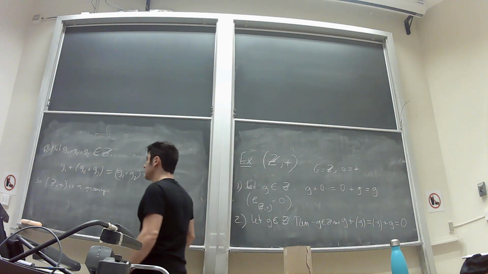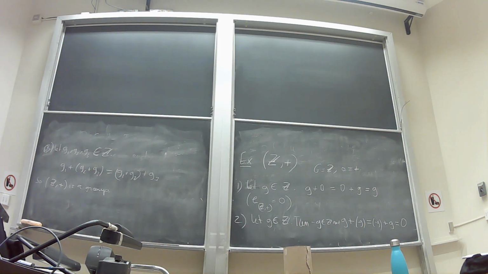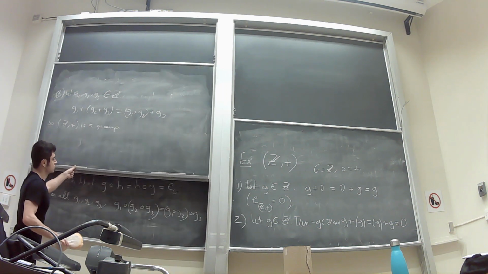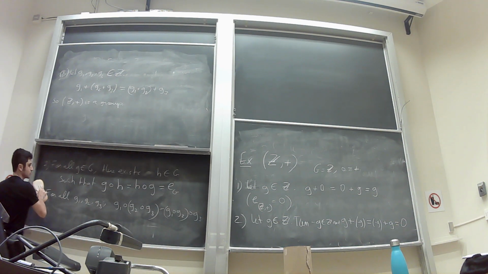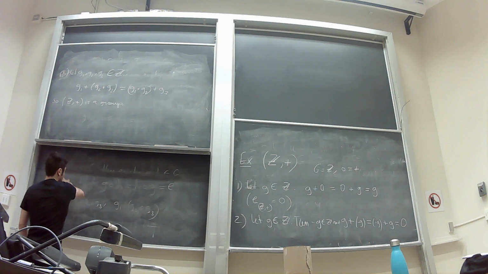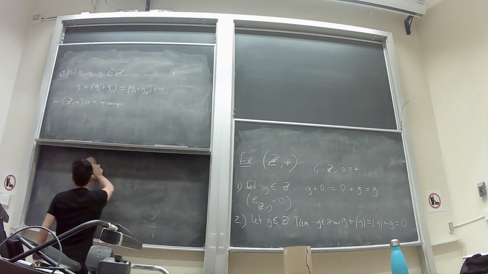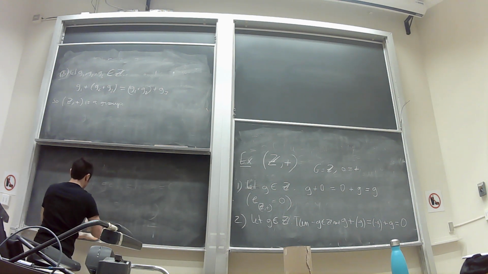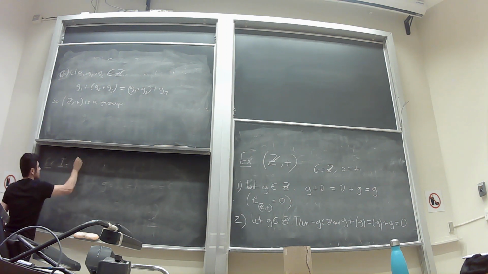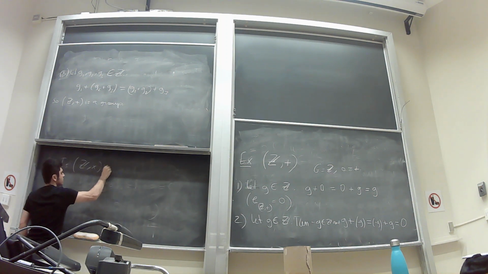What is another binary operation that I can do on Z? Multiplication. Let's check. Is Z with multiplication a group?